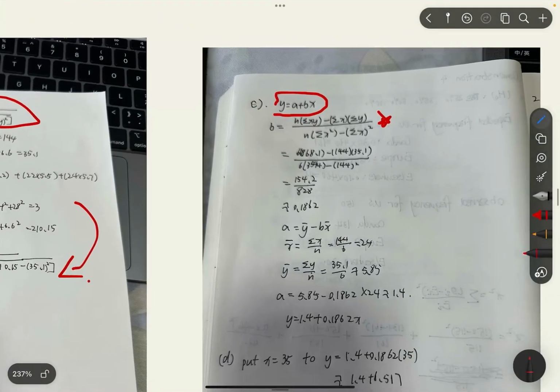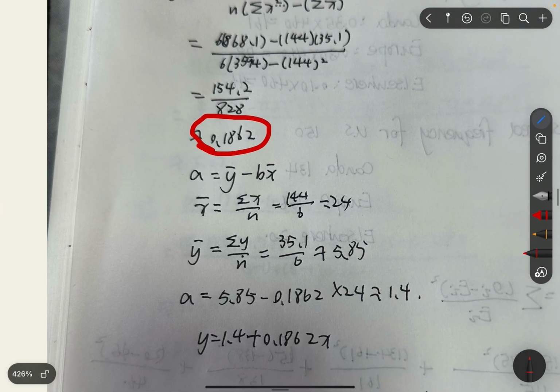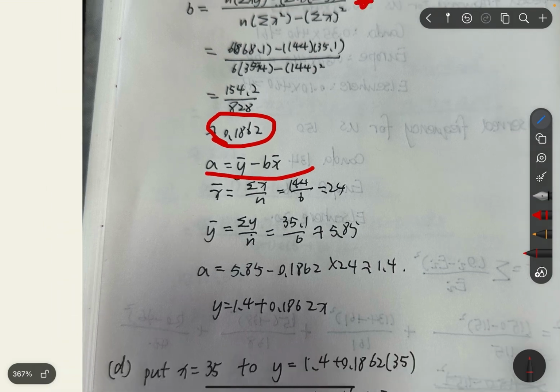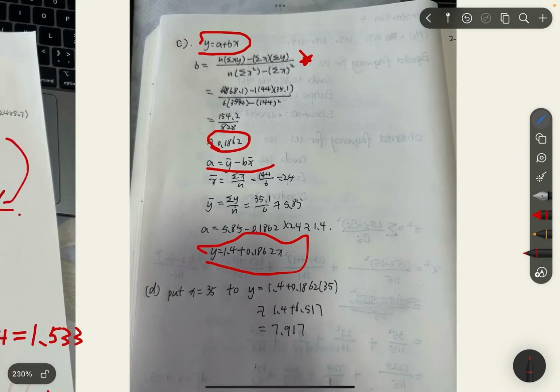So we put our data into this formula. Then the answer is 0.1862. Then we use this one to find a. So the regression line is this.